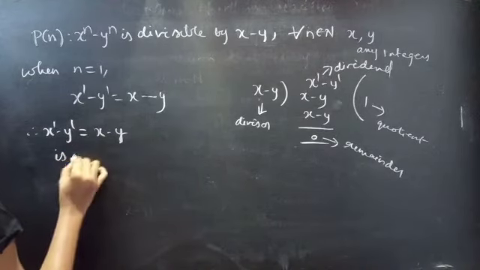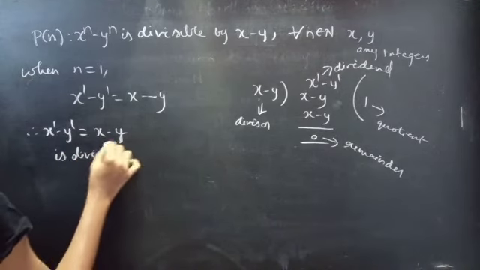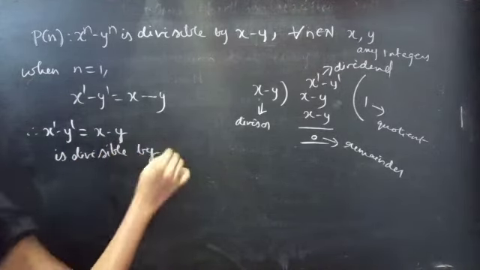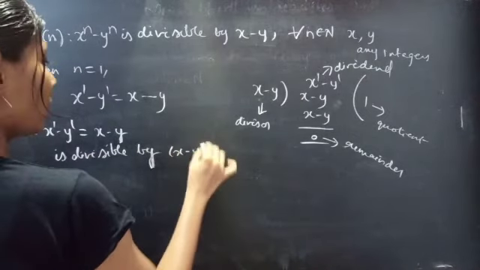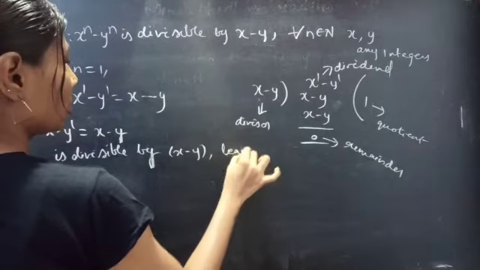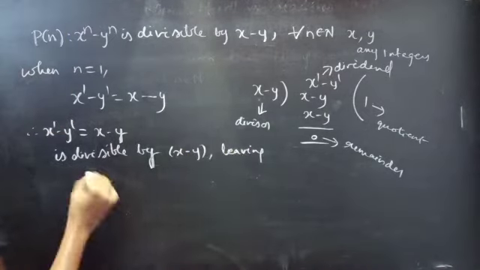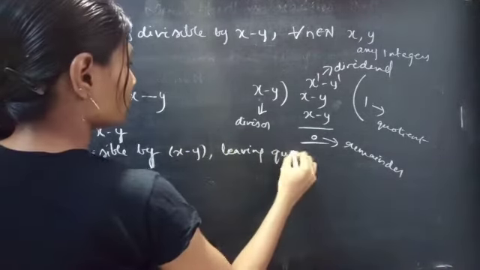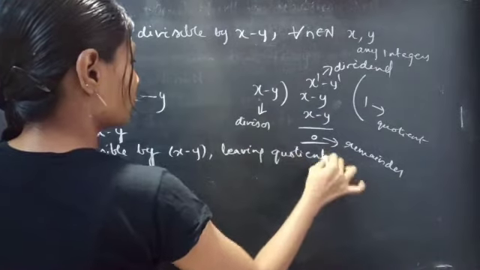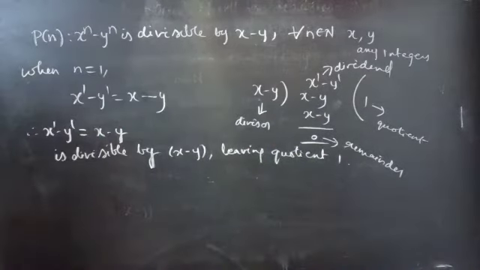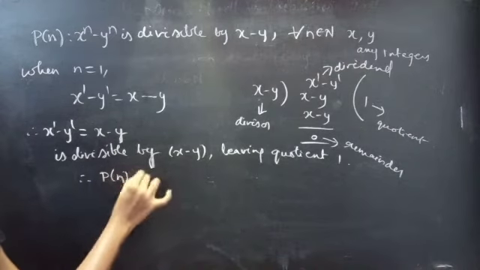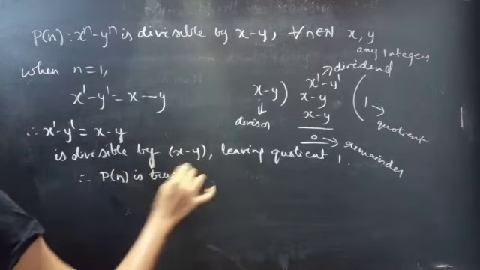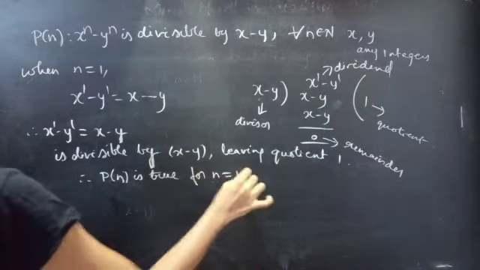This is divisible by x minus y, leaving quotient 1, right? Therefore, P of n is true for n equals to 1.